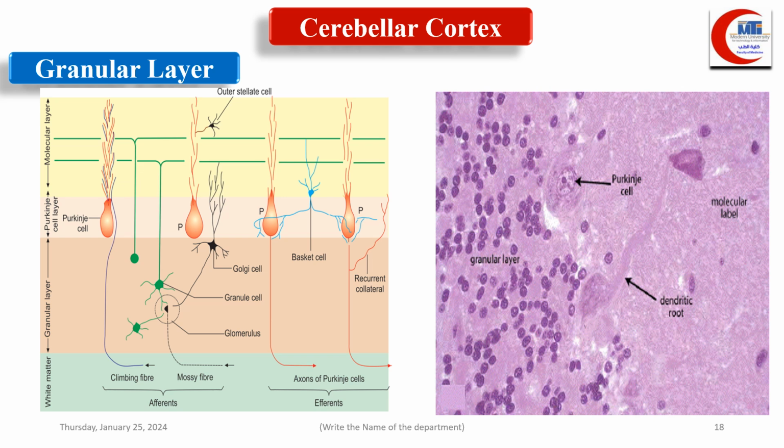Also, you will know that the granular layer contains a very important structure starting with the letter G also, which is called glomerulus, or another name, cerebellar island or cerebellar glomerulus. So the structures inside are granule cell, Golgi type 2 cell, and cerebellar glomerulus or cerebellar island.